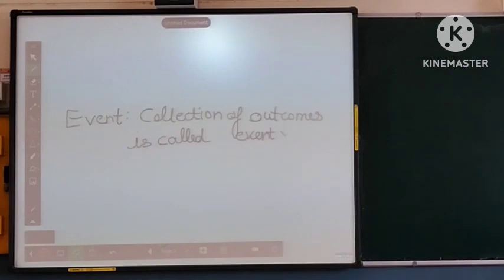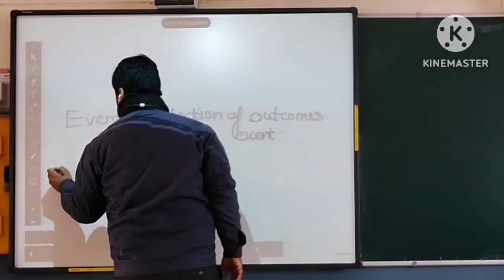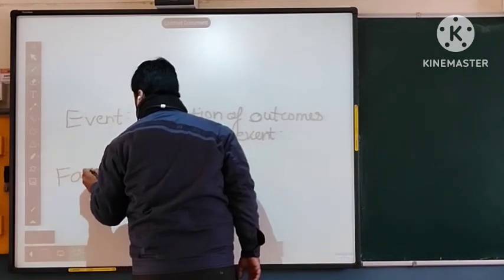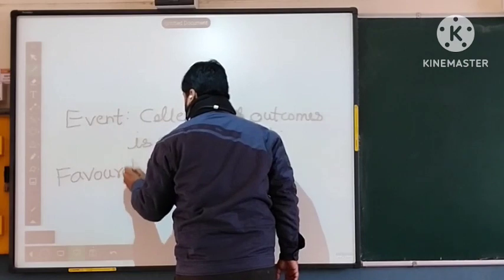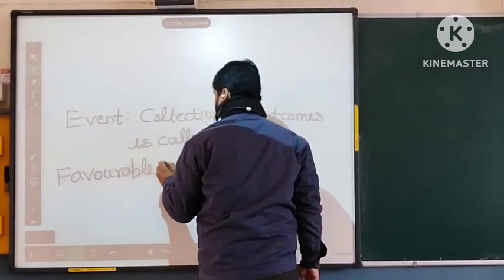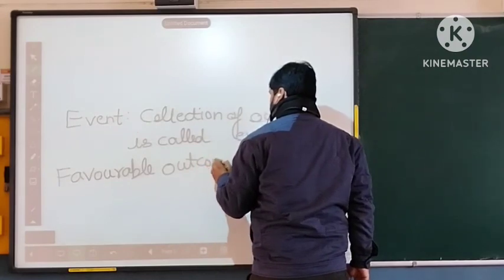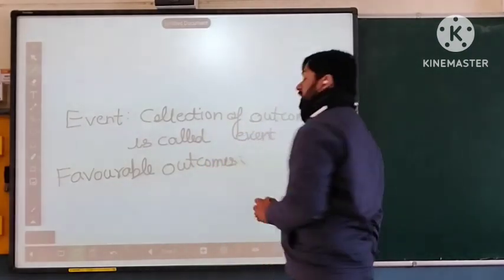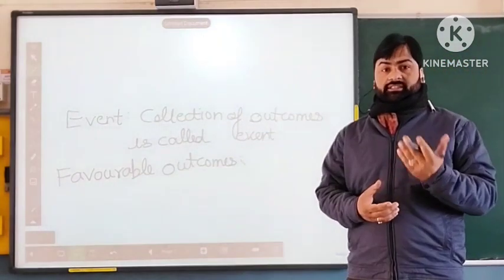Okay. Then the next term is favorable outcomes. You might see it in the PDF as well. By favorable outcomes, what we mean is what we desire.